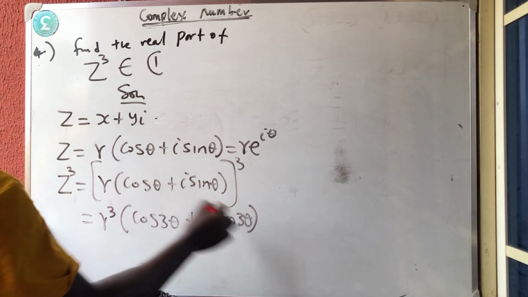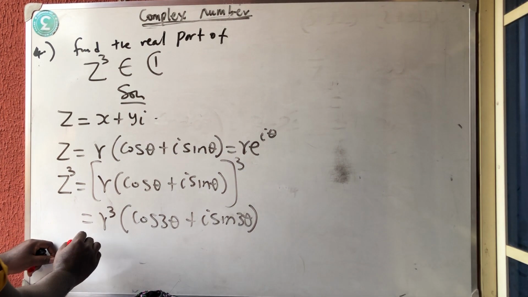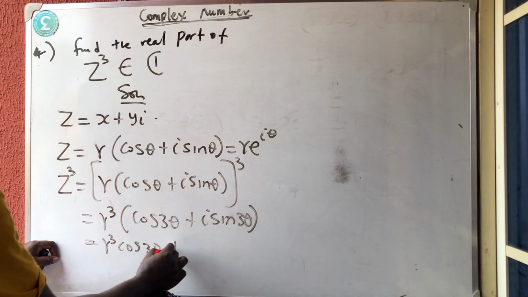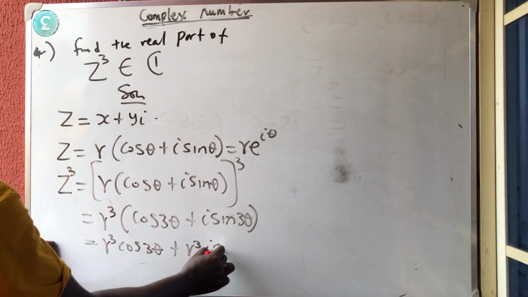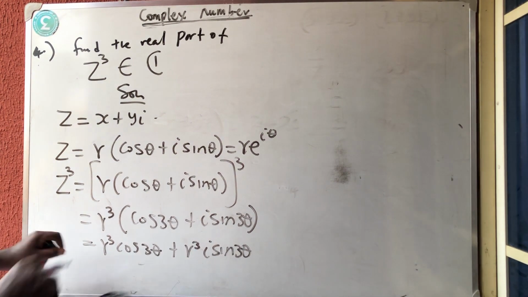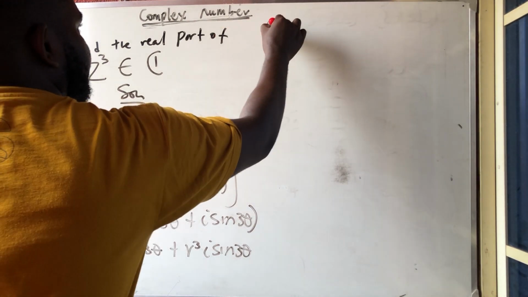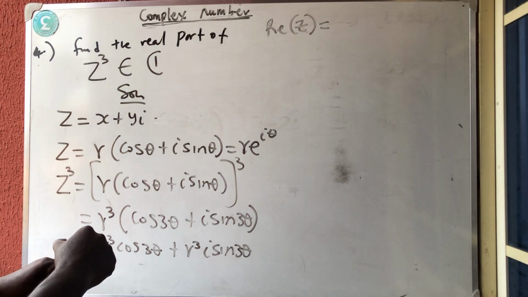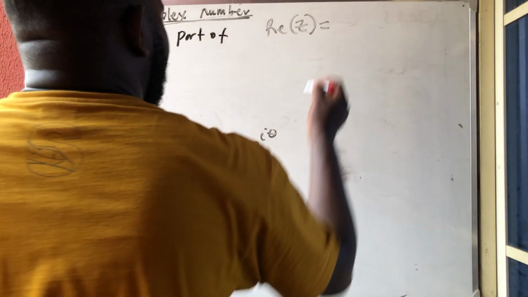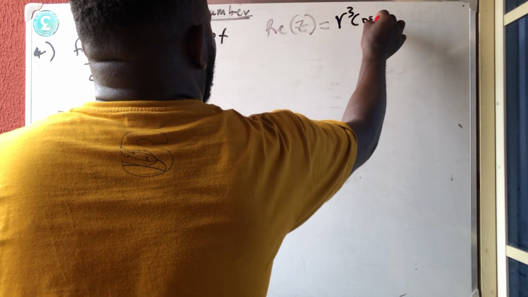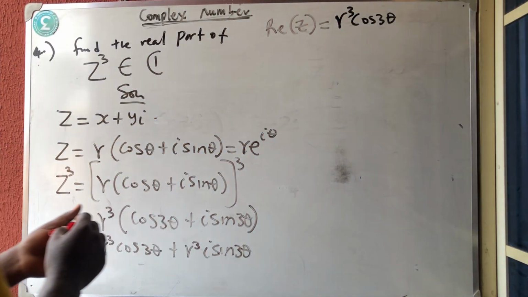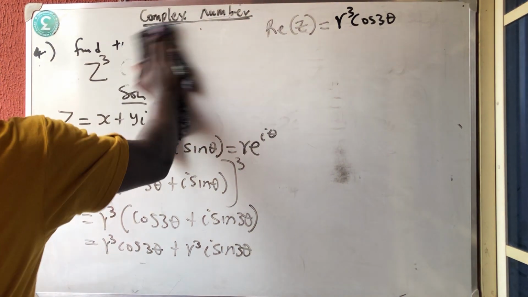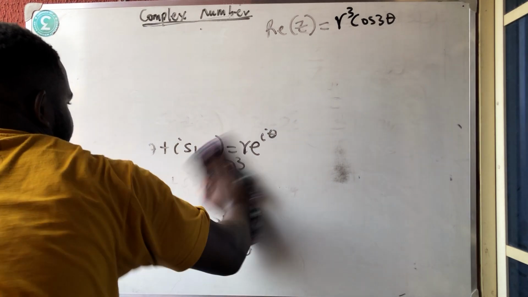So the real part, Re of z, is simply the one without i, which is r raised to power 3 cos 3 theta. As simple as that. Very, very simple questions.